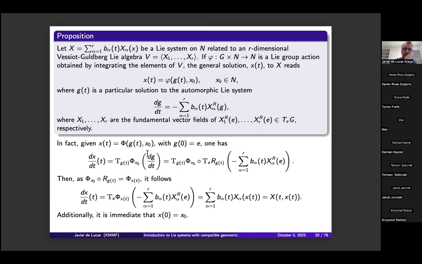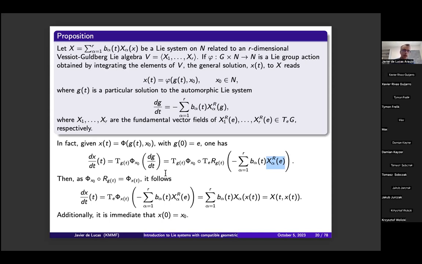But this, by definition, can be written as the tangent map to the right translation by the element g(t) of this element that is in the Lie algebra. Here, the only thing you have to take into account is that this is just A alpha, what you wrote before, okay?